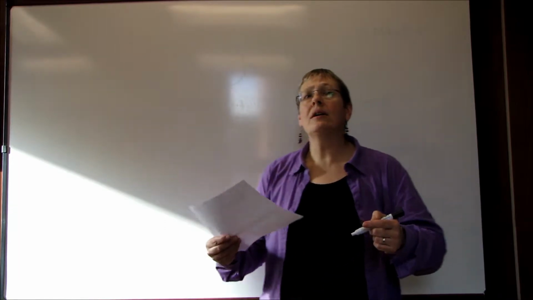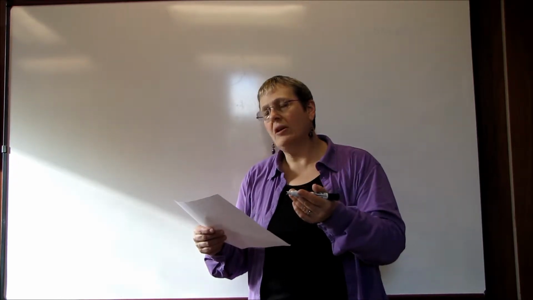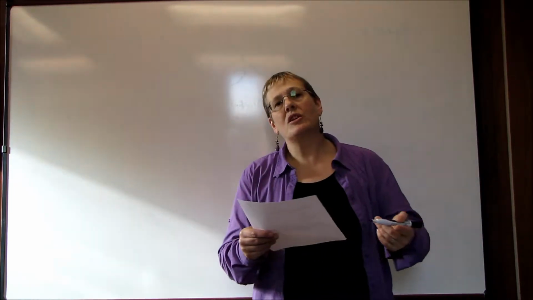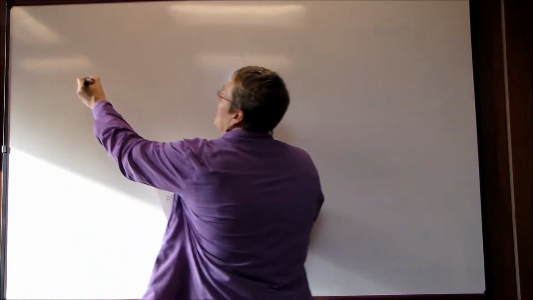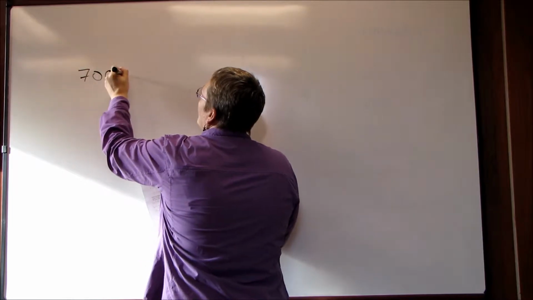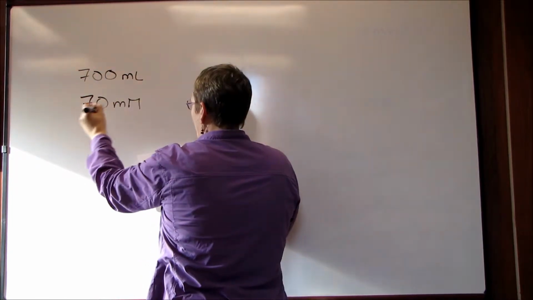Okay, so the deal here is how many grams of the salt of the conjugate base, which is given here, and how many mils of the stock solution of weak acid are you going to have to mix to make a buffer. We want to make 700 mils of buffer at 70 millimolar, at pH 7.